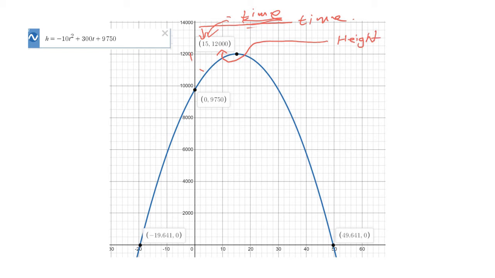So if we were answering our problem today, first of all, we have to get this from the vertex all the time. So anytime we're looking for a max or a min, we get that from our vertex.